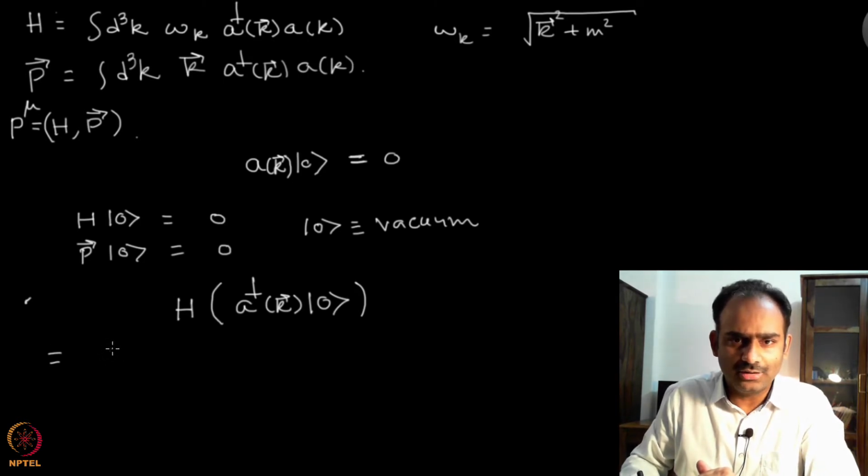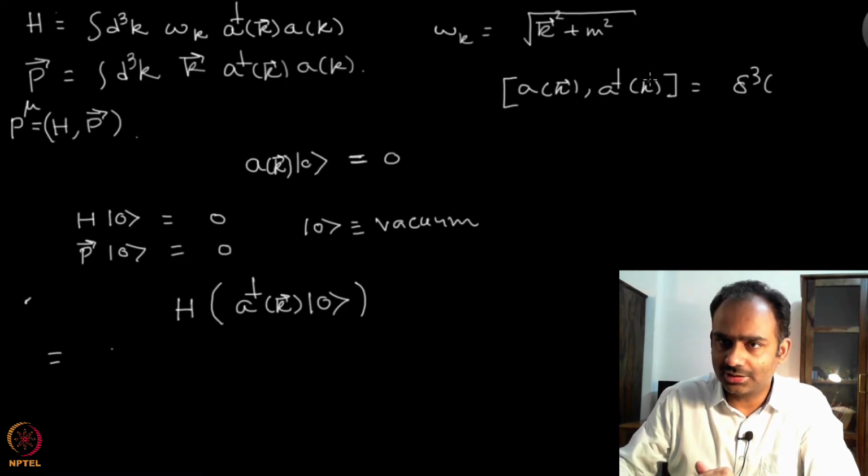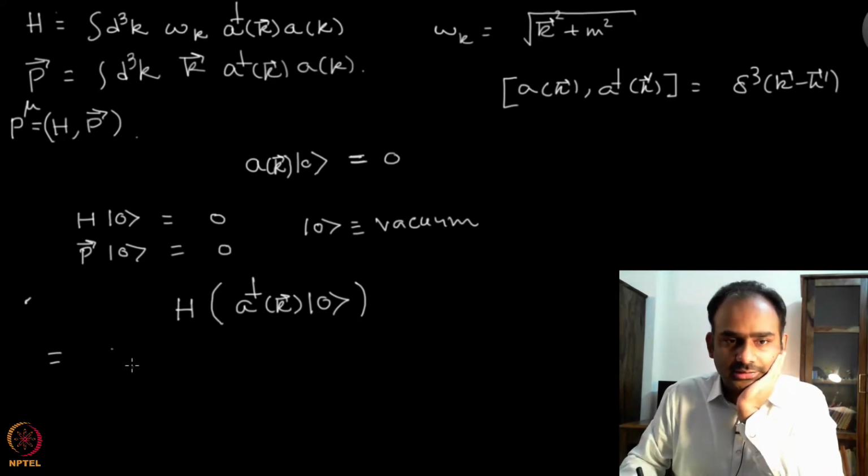So, all you have to do is use the commutation relation of A of k and A dagger of k prime, and remember that this is delta cube of k minus k prime. Sorry, I should put a k prime here. Okay, if I use this commutation relation, then I can do the following.